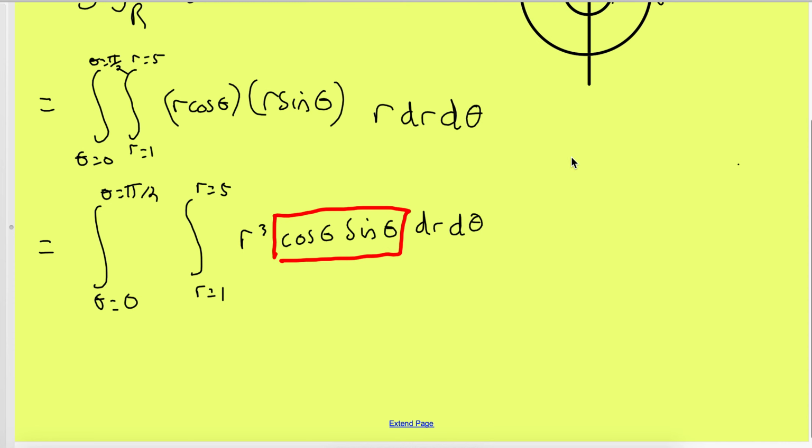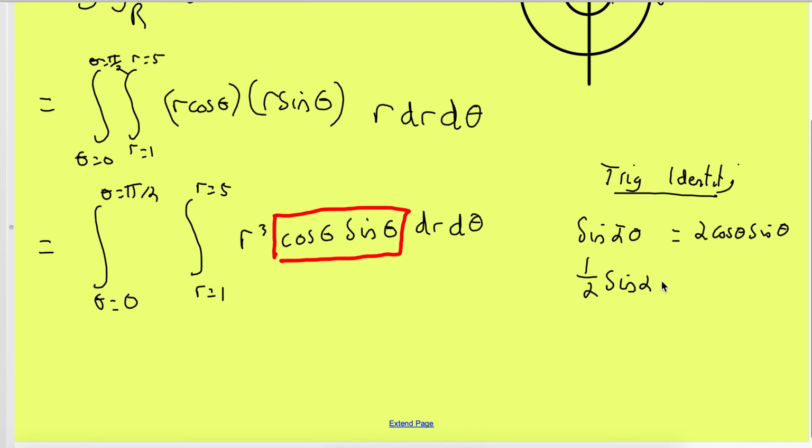I'm going to use a trig identity. And a trig identity from my sheet is that sine 2 theta is 2 cos theta sine theta. But I don't want 2 cos theta sine theta, I want one of them. So that's going to be a half sine 2 theta.